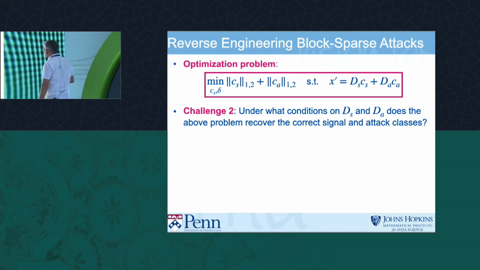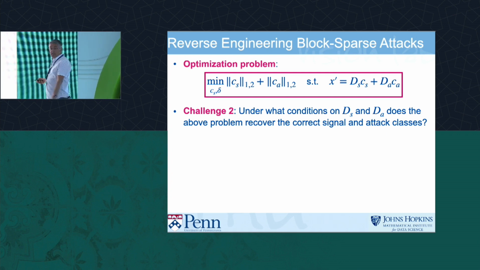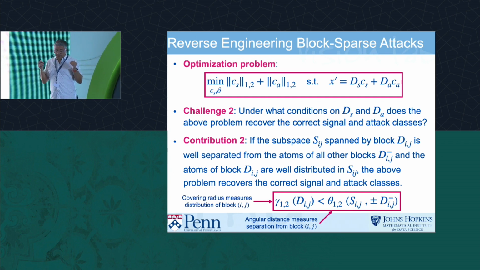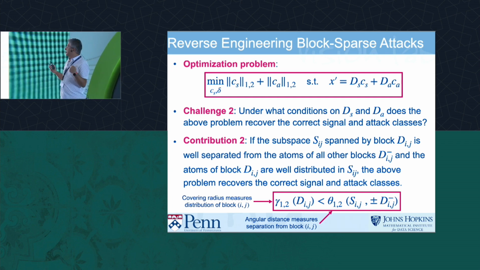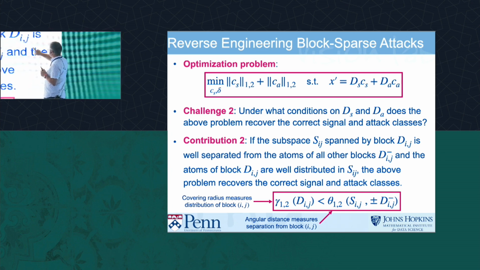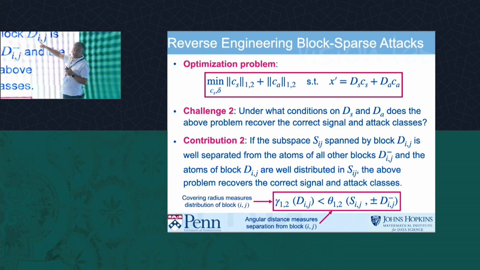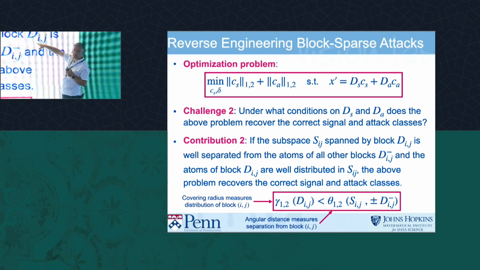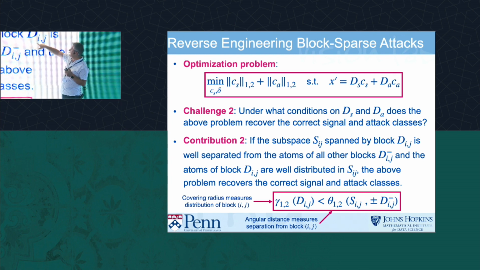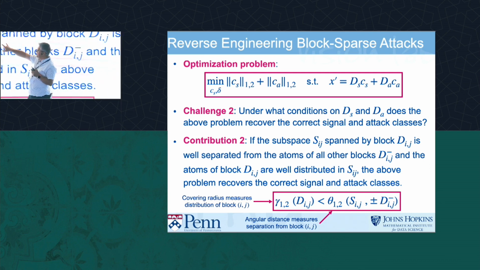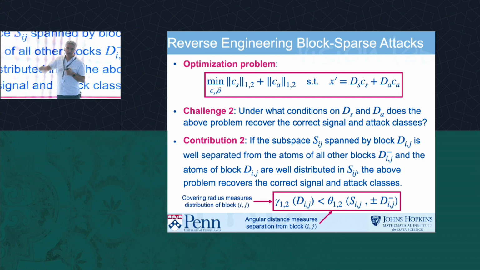And so extending those results to the L1-2 setting and to the adversarial setting, which is what we have here, the theoretical result is effectively of that nature. So there is a particular correct class I and a particular correct attack family J, and that defines a sub-block of the dictionary for both the signal and the attack. That sub-dictionary spans some subspace associated to, again, the correct class and the correct attack family.